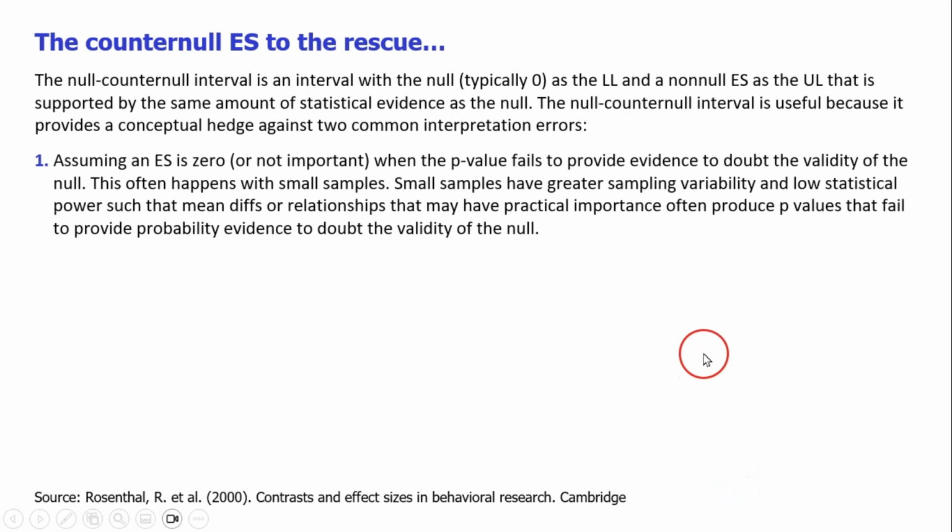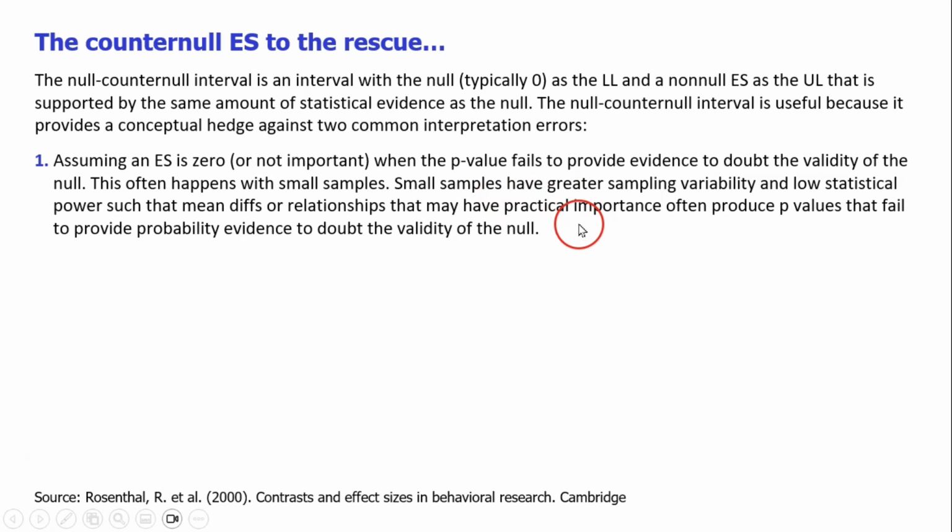The first one is the following. Number one, assuming an effect size is 0 or not important when the p-value or the confidence interval fails to provide evidence to doubt the validity of the null. This often happens with small samples.